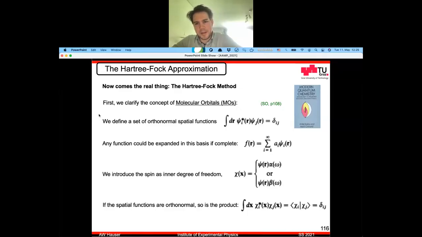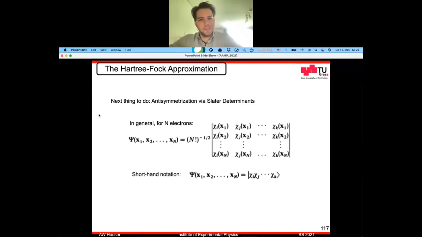So we can write this as an integral over x of chi i times chi j, and we will use this convenient notation introduced by Dirac. So this is a scalar product with a dual basis vector coming from the left, chi i times chi j, giving us delta ij.